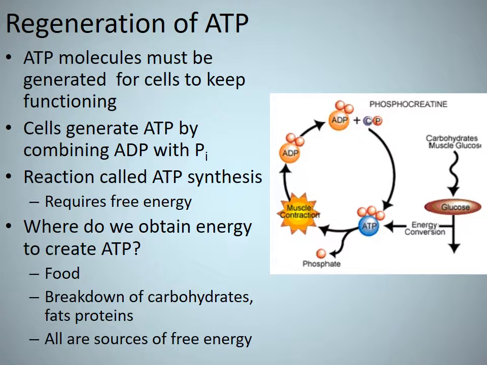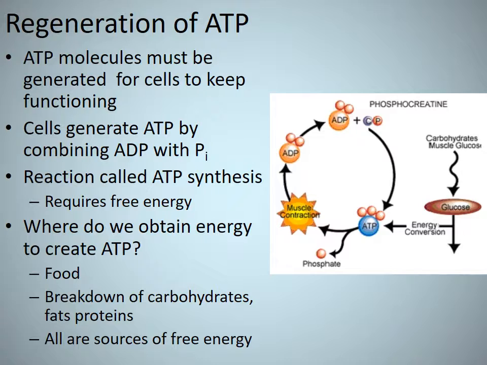Regeneration of ATP. Essentially, this is cellular respiration. Our cells need to break down glucose in order to continuously make ATP. We need ATP to drive these chemical reactions in our cells. So how do we obtain the energy to create ATP? Again, food, breakdown of carbs. Carbs is basically your glucose molecule.